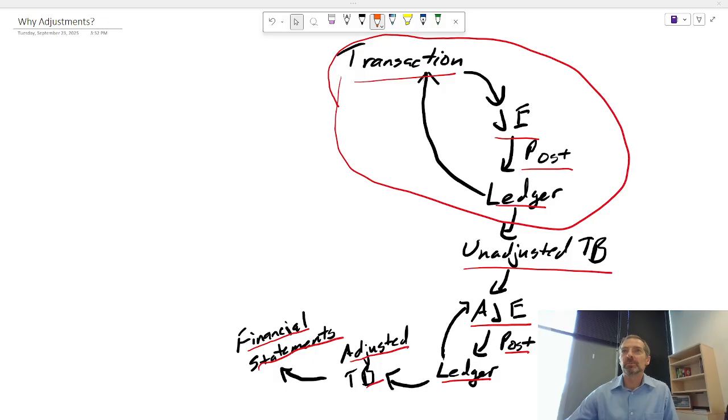In previous chapters, we looked at how to record transactions and journal entries and post them to the ledger. And when we did that several times and got to the end of the year, we created the unadjusted trial balance. This chapter was looking at adjusting journal entries, which are the same thing as journal entries.